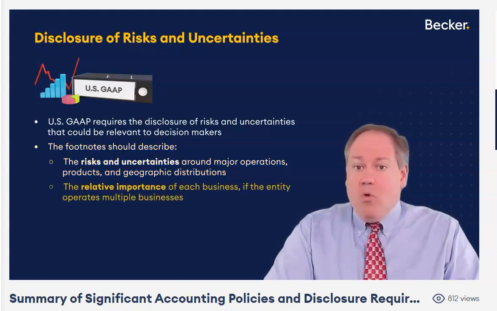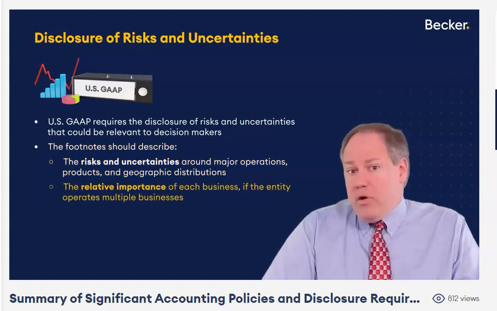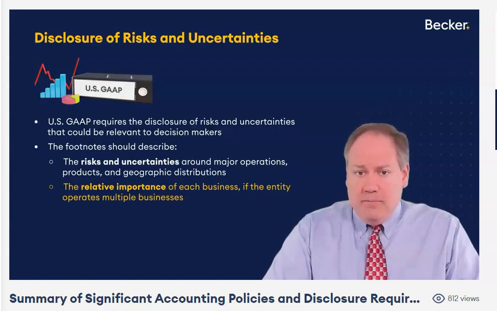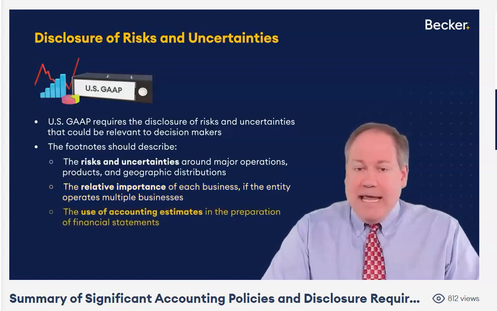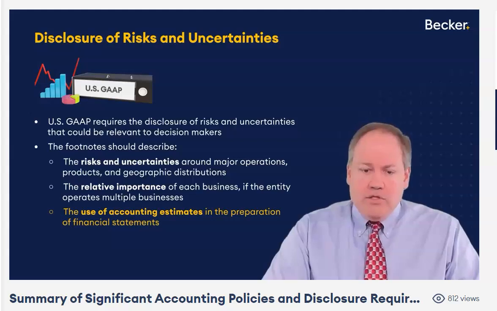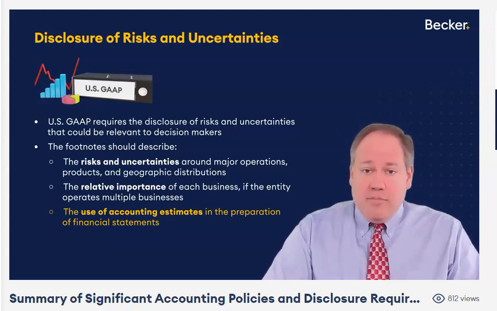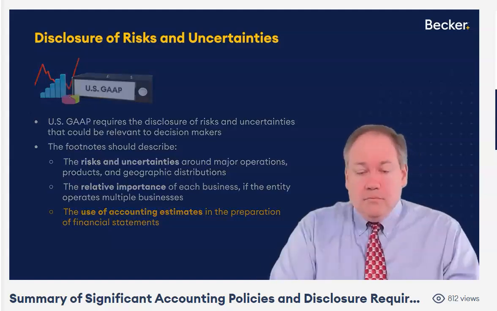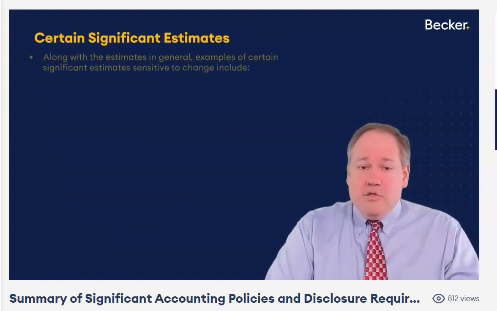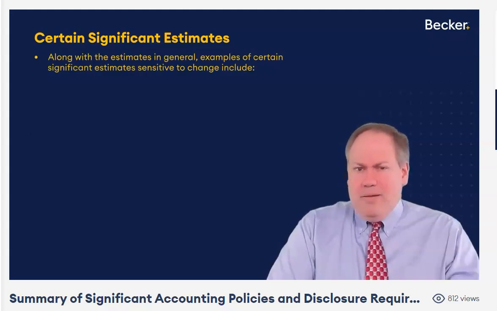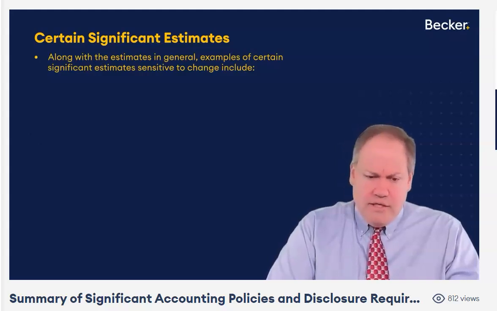If they run more than one business, what's the relative importance of one business versus another? Certainly the use of accounting estimates carries with it certain risk and uncertainty by its very nature, so disclosures about that are relevant.